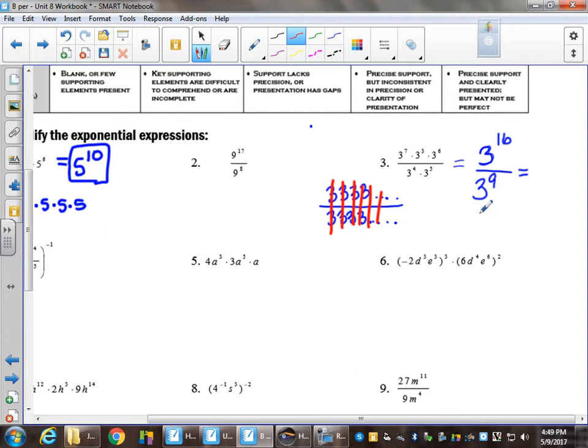So if we ask ourselves how many times it will happen, I have 9 3s here in the denominator. 9 of these 3s will cancel with 9 of these ones. Well, if there were 16 to start with, 9 of them canceled, that leaves 7 left. So we have 3 to the 7th as our answer.